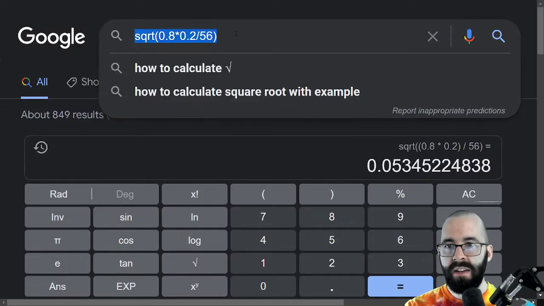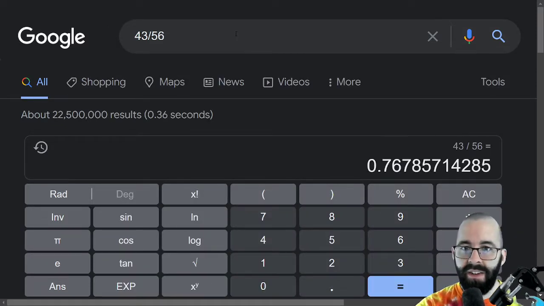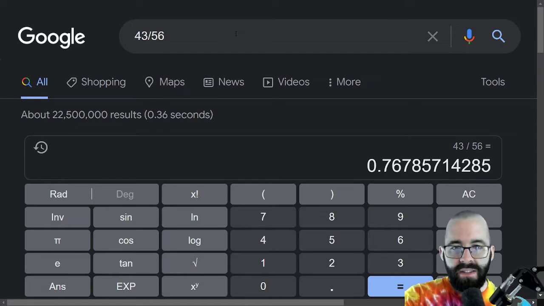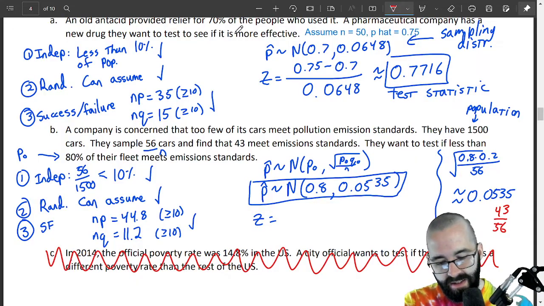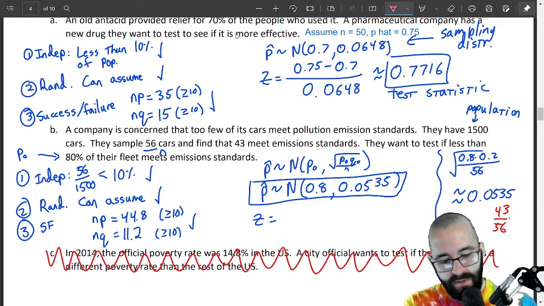That's our P hat. So in our situation, 76.79% were successful. 76.79 is our P hat. That's our P hat right there.